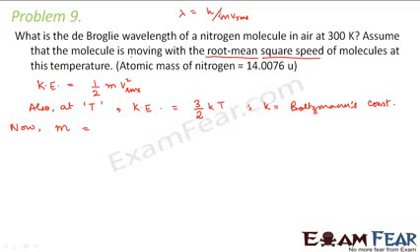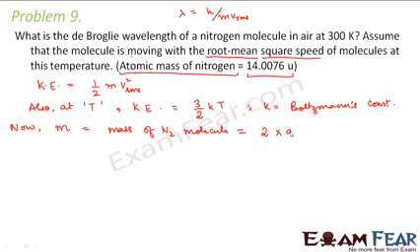So for mass, we need to calculate the mass of nitrogen molecule. This M is the mass of N2 molecule. Now what is given in the problem? Atomic mass of nitrogen is given here. Now one molecule of nitrogen consists of 2 atoms. So the mass of one nitrogen molecule is equal to 2 into atomic mass, because one nitrogen molecule consists of 2 nitrogen atoms.